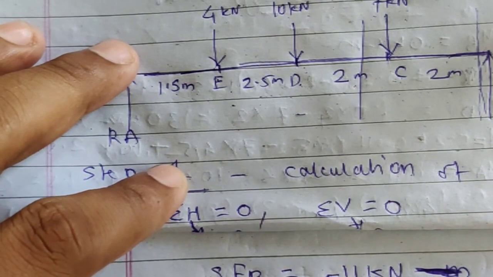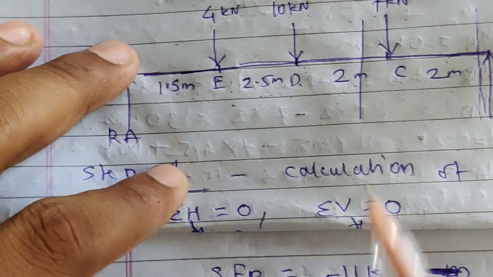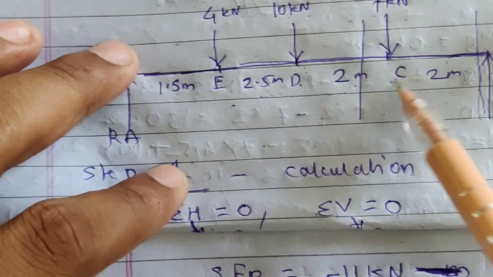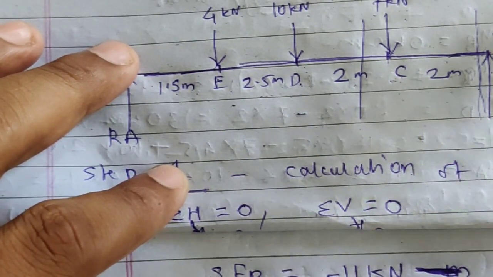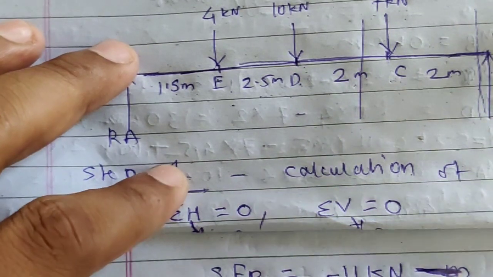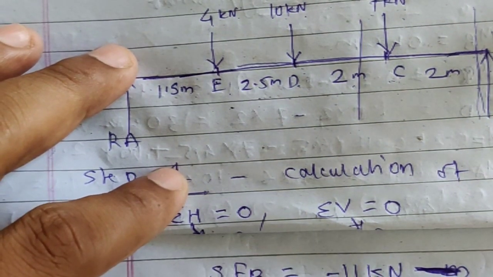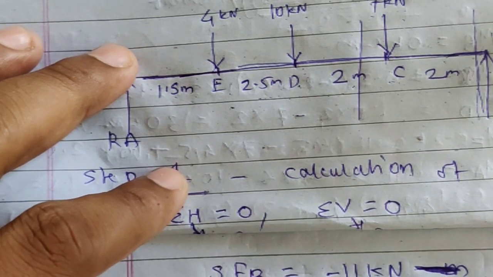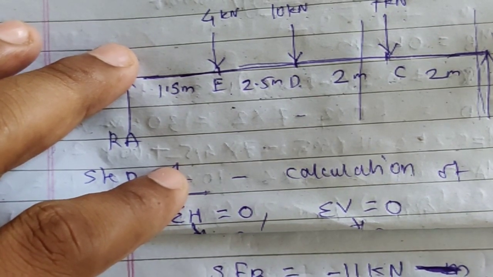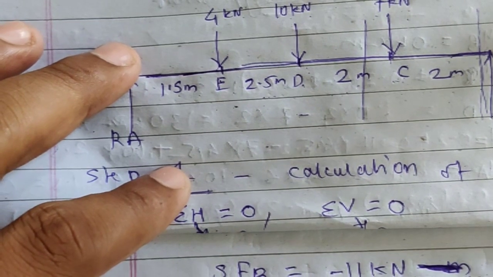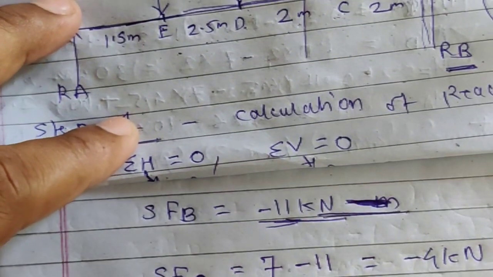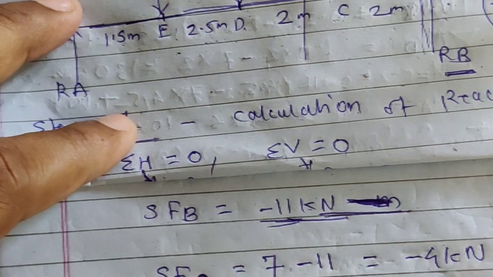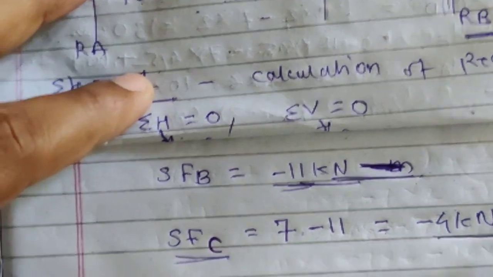Those forces going from upward to downward we take as positive, and downward to upward we take as negative. So this 7 kilonewton is positive and this is negative, minus 11. So my value is minus 4 kilonewton. So shear force at C is minus 4 kilonewton.